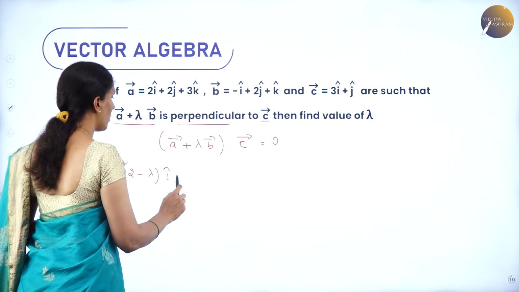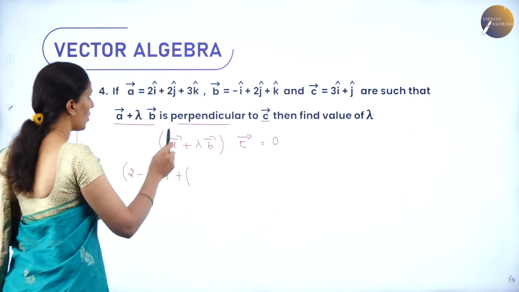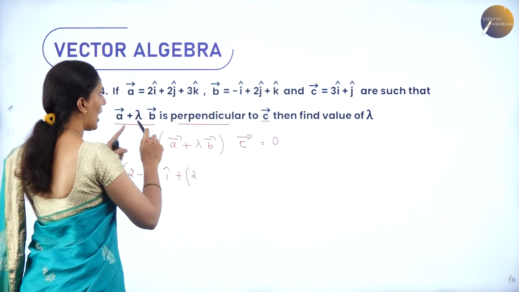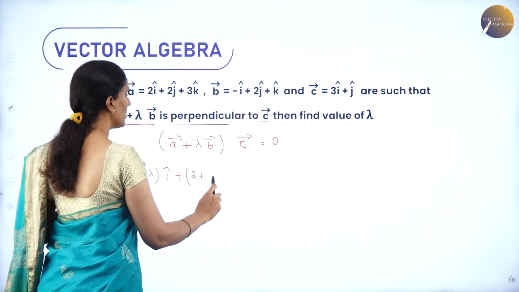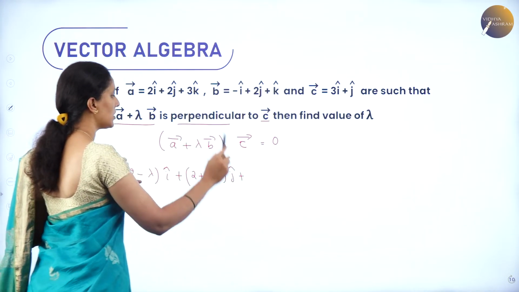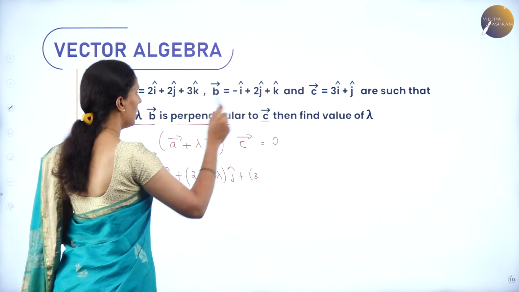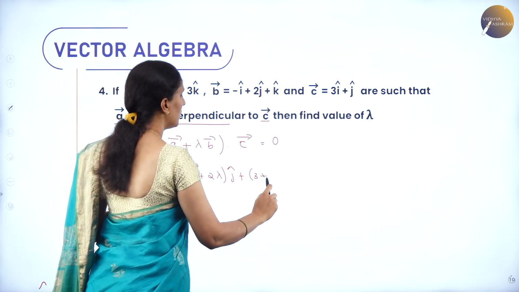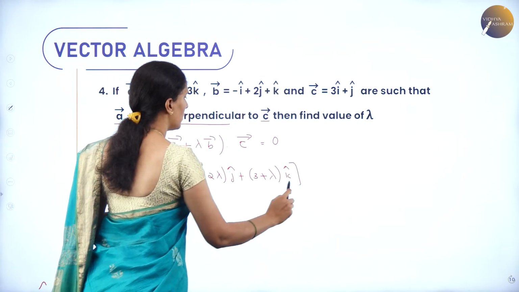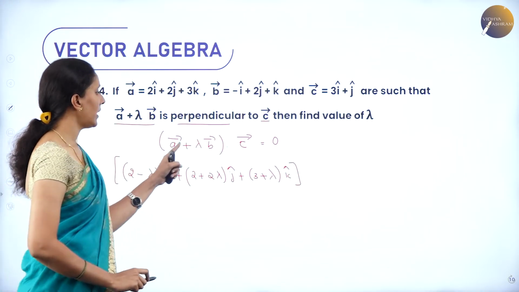This is for the i component. Plus the j component, 2 plus 2 into lambda, so lambda into 2 becomes 2 lambda, so 2 plus 2 lambda into j. Plus the k component, here 3 plus lambda plus lambda into k. So this is our vector A plus lambda B.